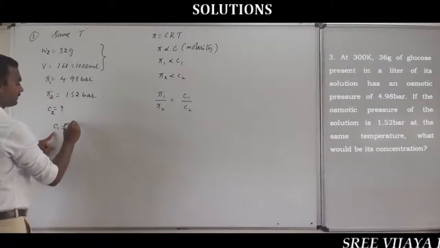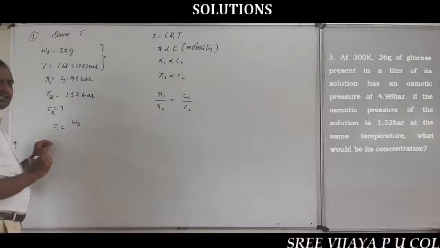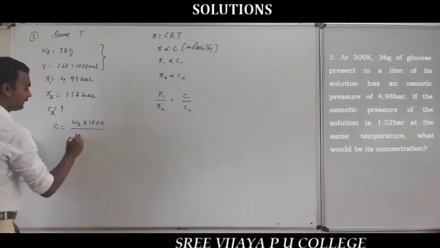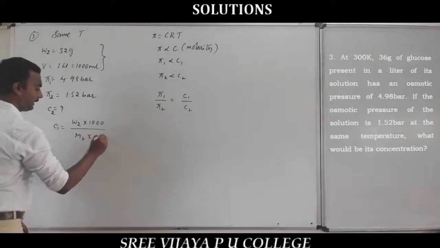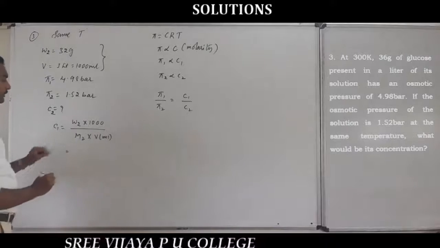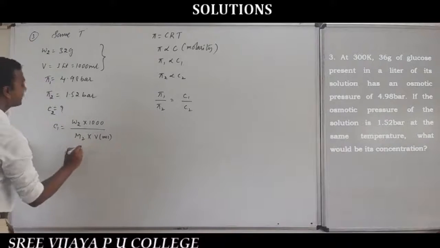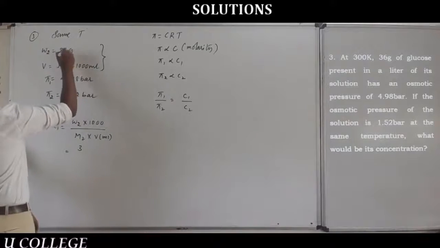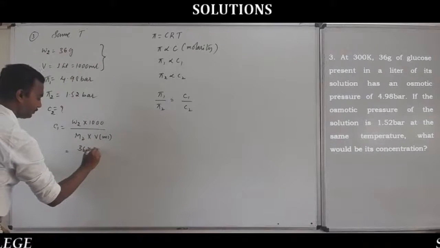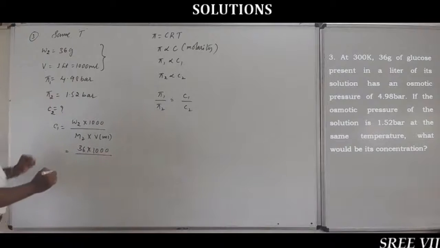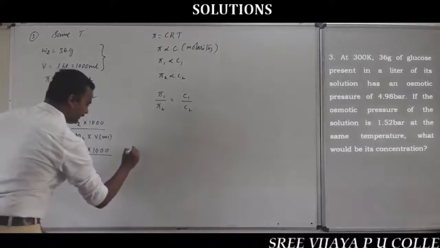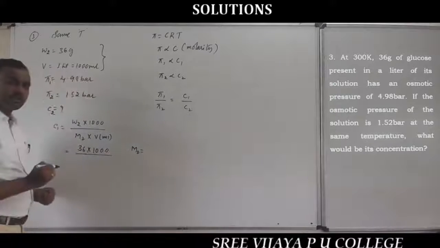So the molarity equation is W2 into 1000 whole divided by M2 into V in ml. W2 is 36 gram, into 1000, divided by M2. M2 is the molar mass of the solute. What is the molar mass of glucose?